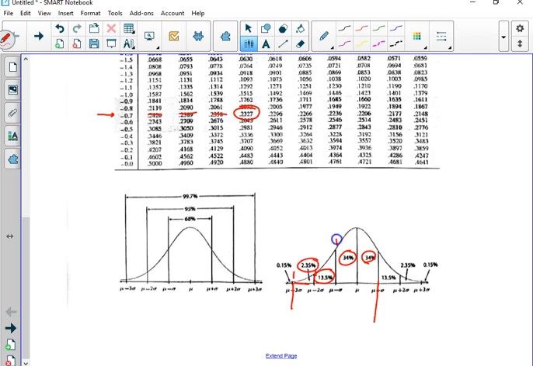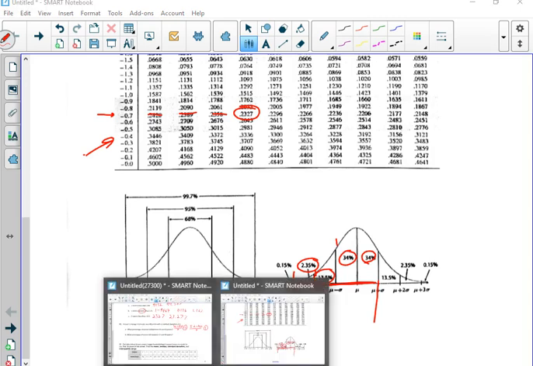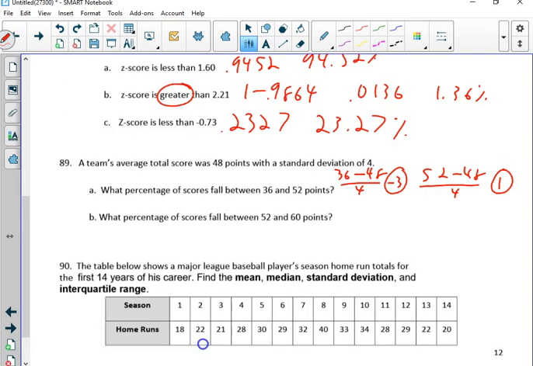I'm adding up the areas between -3 and 1. If I had -3.1 and 1.57, then I'd have to look those numbers up and subtract out the two amounts. But I don't have to do that here because they're whole numbers. So when I add all those numbers up, I get 83.85%.